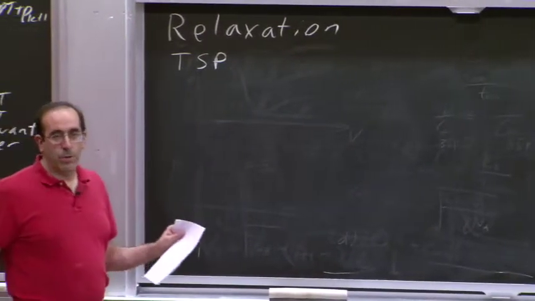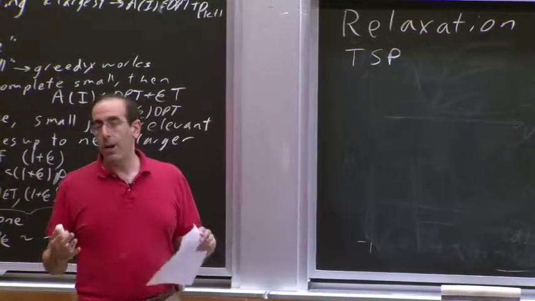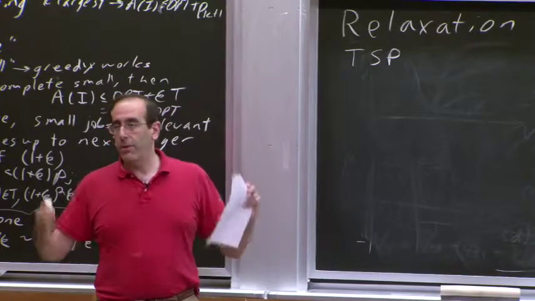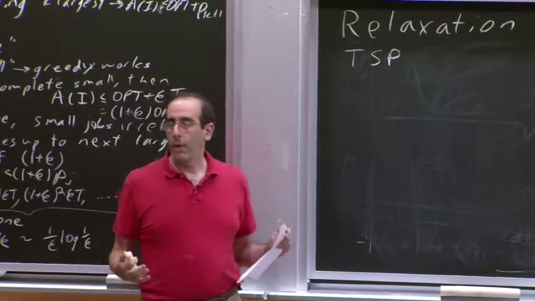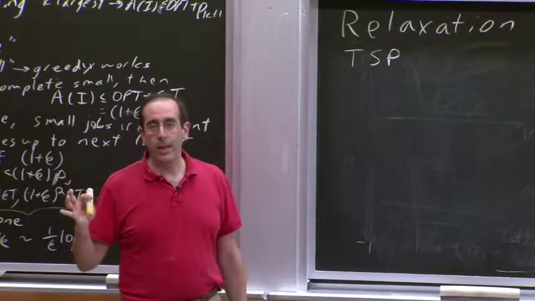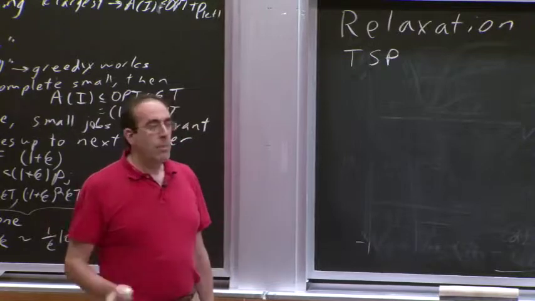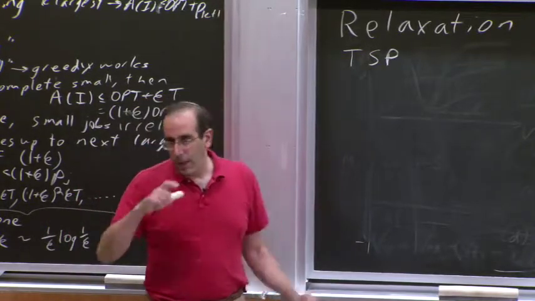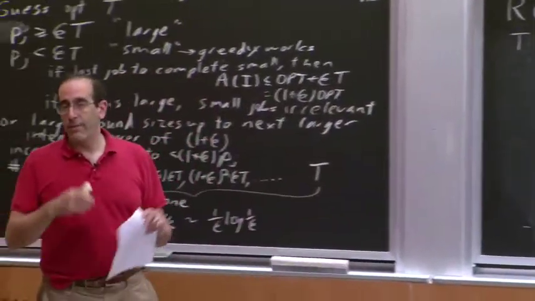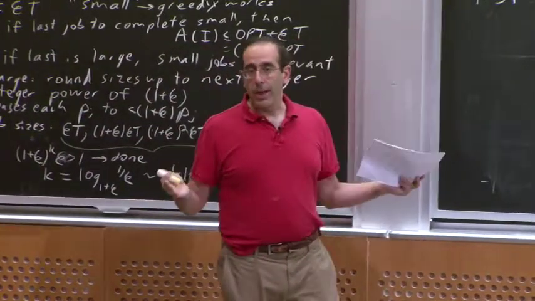So TSP is sort of interesting. If you consider general graphs and you actually require a tour, then there's no approximation at all because you can't even decide if there is a tour. Just deciding if there is a way to visit every city once and come back to the beginning is NP-complete. That's the Hamiltonian path problem. But if you loosen up the description and just say you have to visit every city at least once, then obviously you can do it.